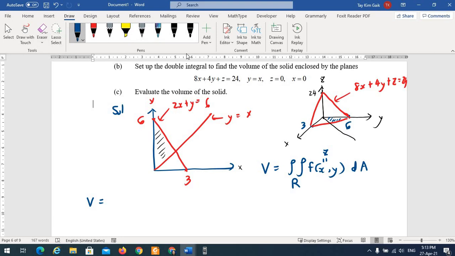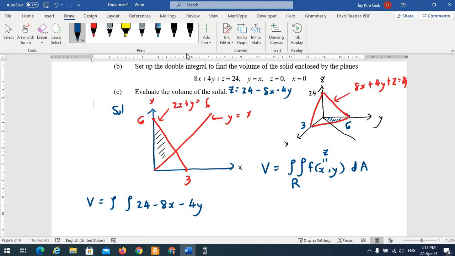From here you make z the subject, so z equals 24 minus 8x minus 4y. Put it here: 24 minus 8x minus 4y, dA. This region is in 2D, the xy plane.